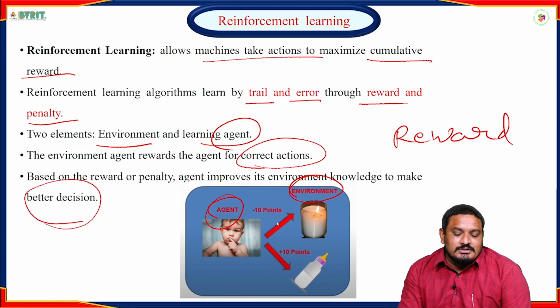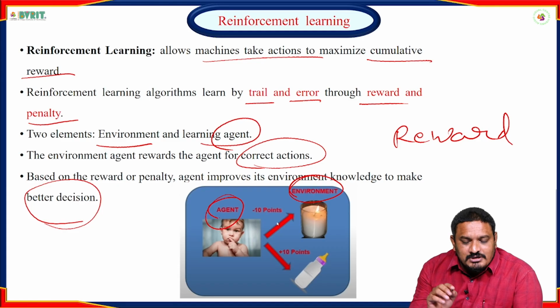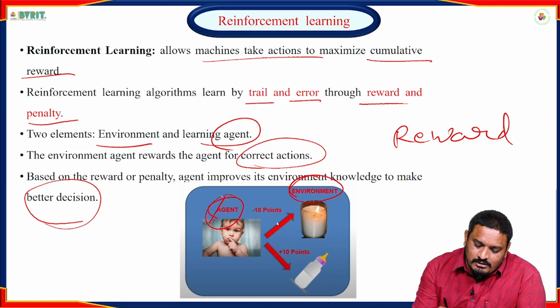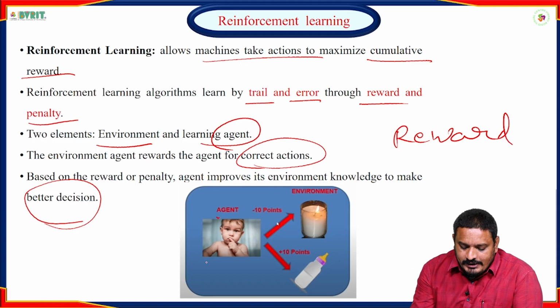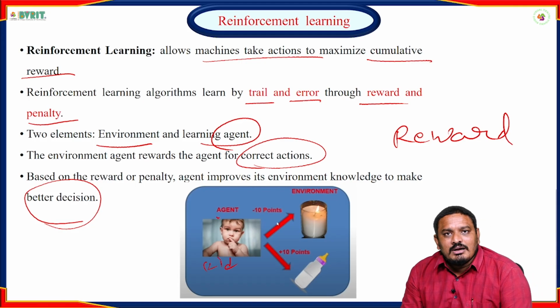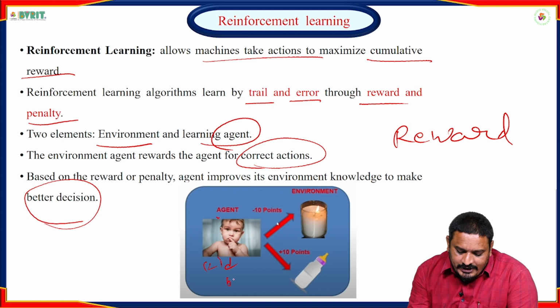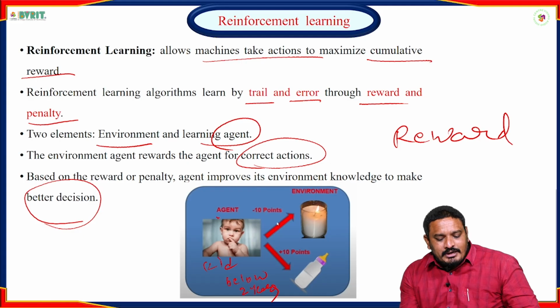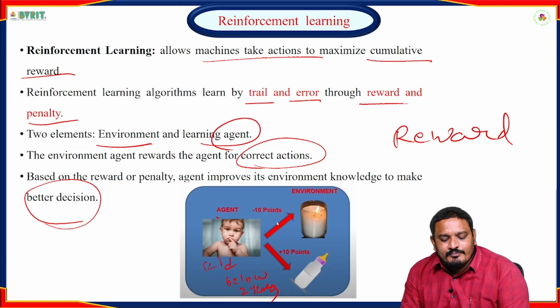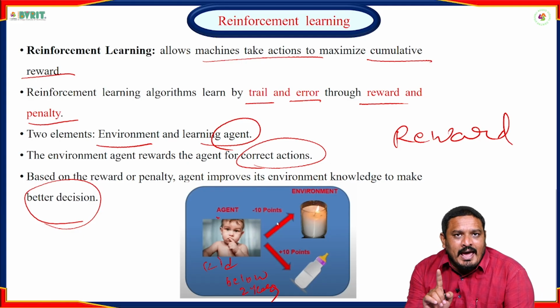Better decisions. See this example. Suppose the agent is in this environment. The agent is a small kid, below 2 years. In that environment, the agent will perform the correct action.